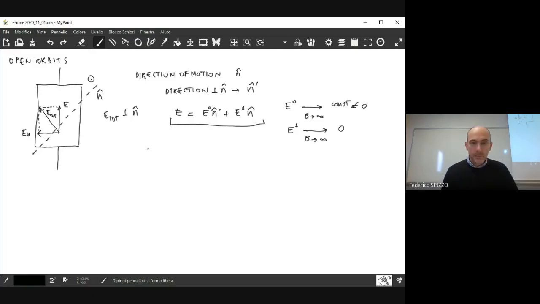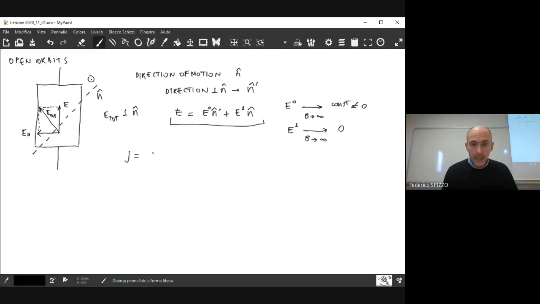Then what happens to the current? The current in general is represented as conductivity times the electric field. So in this case, we write the same thing as we did before, but we have to say that the only conductivity term that survives is the conductivity term that is parallel to n, because n is the only direction that may propagate current in the system when we consider the high field limit.